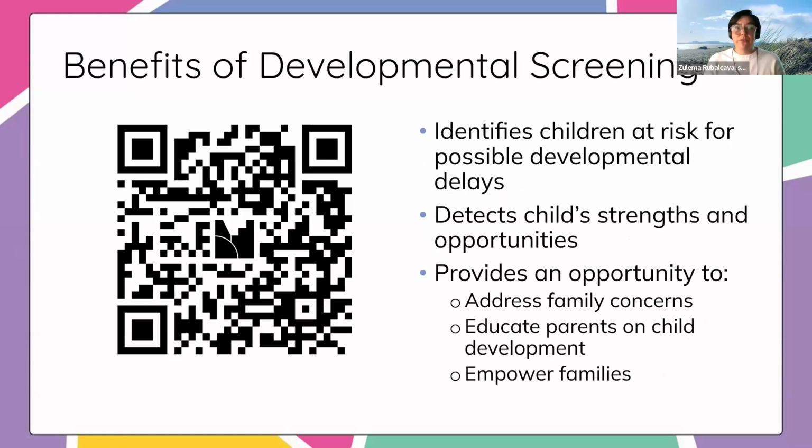It's a great tool for parent education, helping them see their child's development in a very structured way, and it empowers families to advocate for their children, right? They might know that something's going on but not exactly know how to verbalize it. So this is a great tool for families to get more information so that they can better advocate for supporting their child's development.